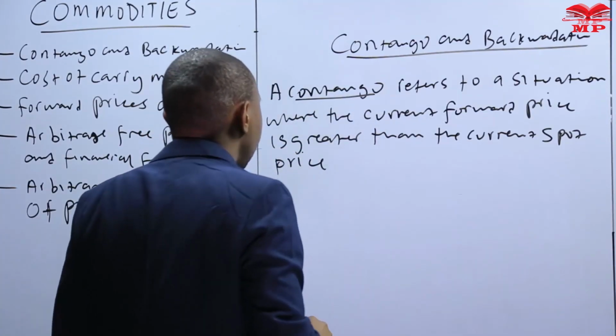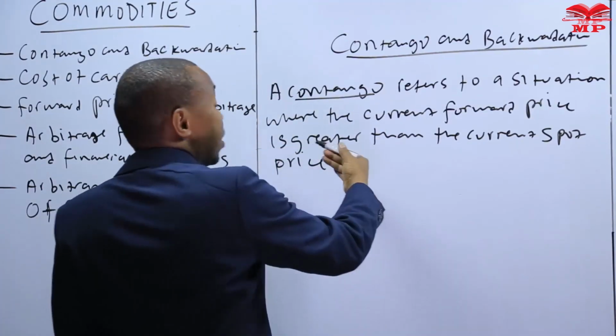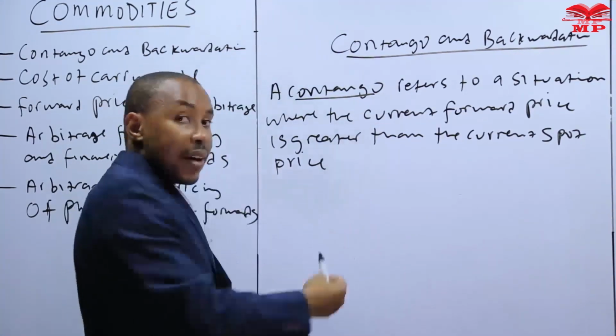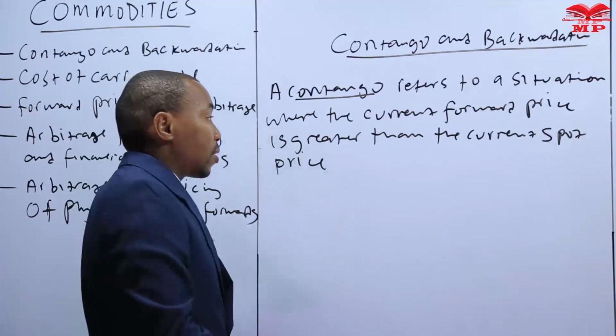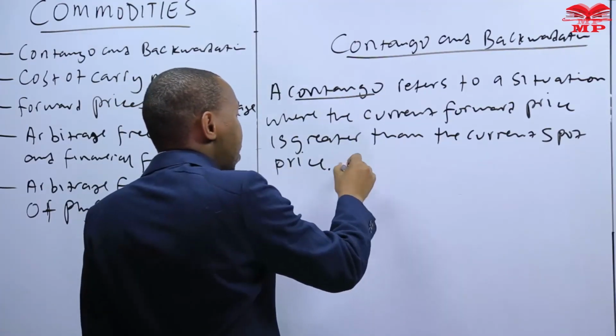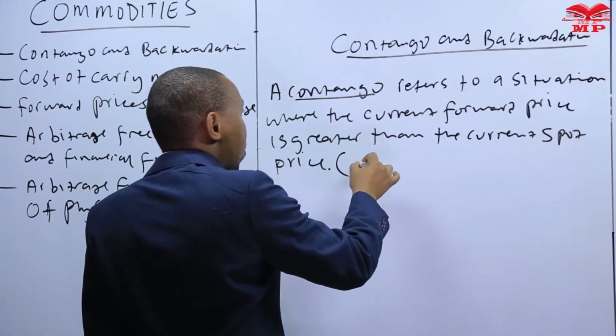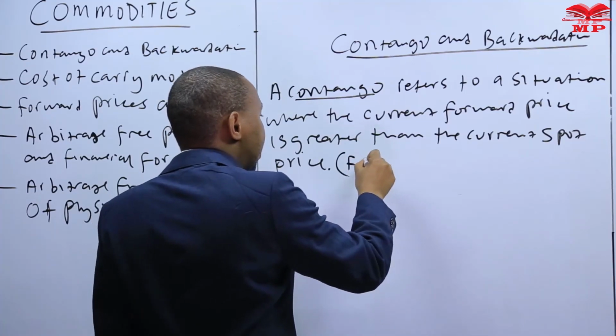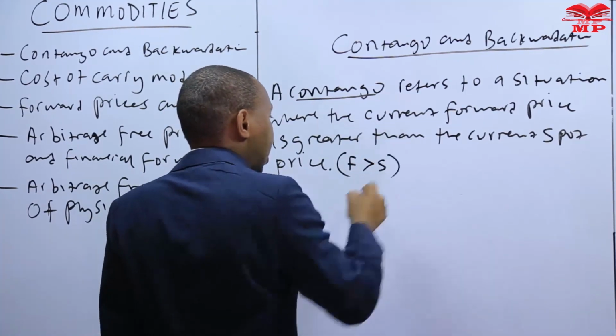Obviously, a backwardation would represent the contrary. So in brackets you can put where F, the current forward price, is greater than S, the spot price.